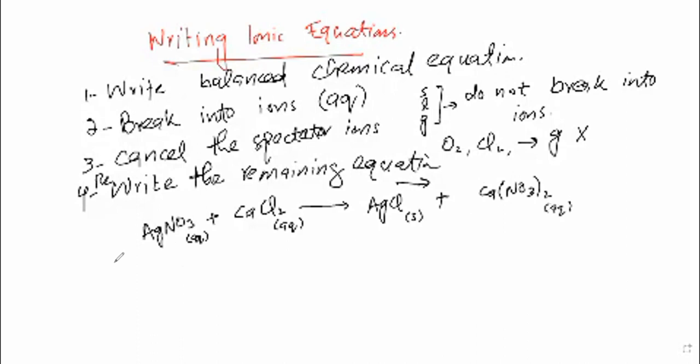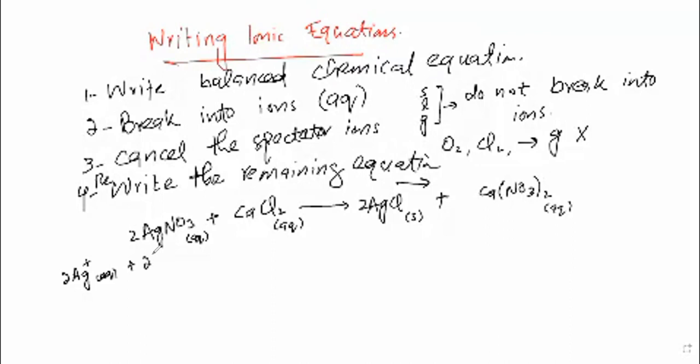Now let's break them. Aqueous means Ag. To make it balanced, 2Ag, 2AgCl. It's okay. It's balanced. We have already done how to make it balanced. Ag has two, so two ions of Ag will be formed, and those will be aqueous.